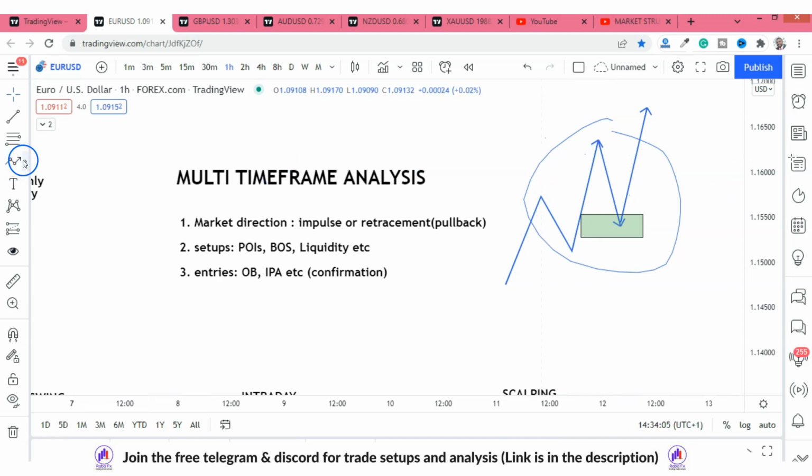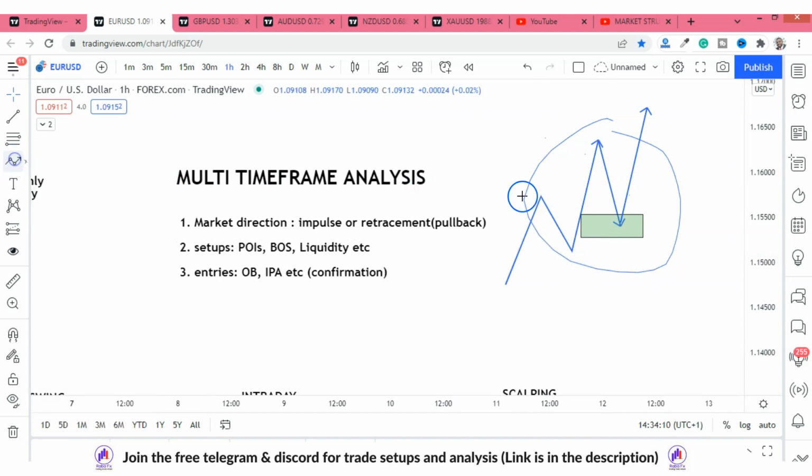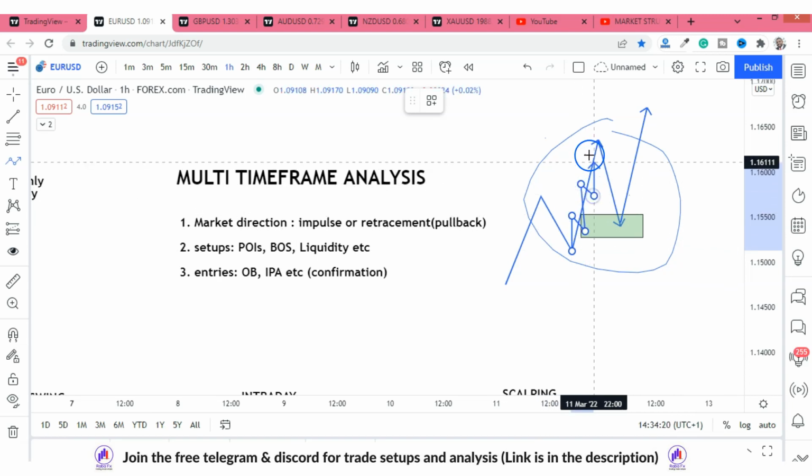Why? Because the market moves in a zigzag manner. In this case, this could be the daily. Daily is doing something like this.